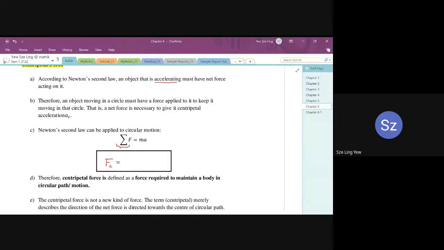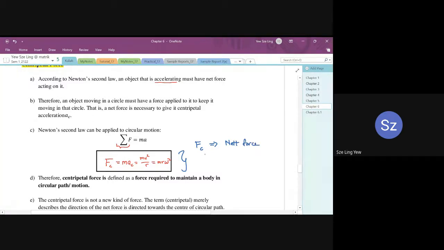So Fc equals m a_c, and since a_c equals v squared over r, Fc equals m v squared over r, and since a_c also equals r omega squared, we have m r omega squared. If you look at this relationship, there's something very important: Fc is actually the net force, the net force acting on the object to keep it moving in a circular motion.